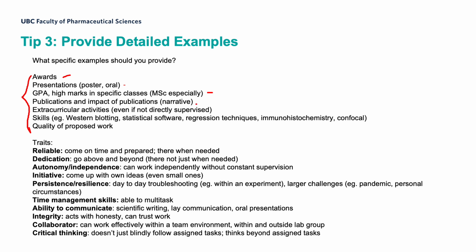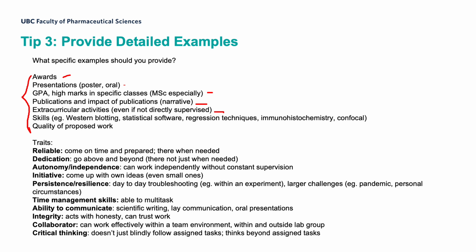And then also publications and the impact of some of those publications. Especially as a trainee at the master's or PhD level, if you have publications or presentations, that should definitely go in your list of awesome and into your reference letter.